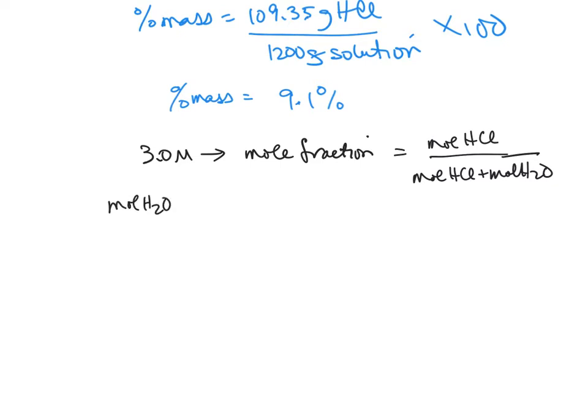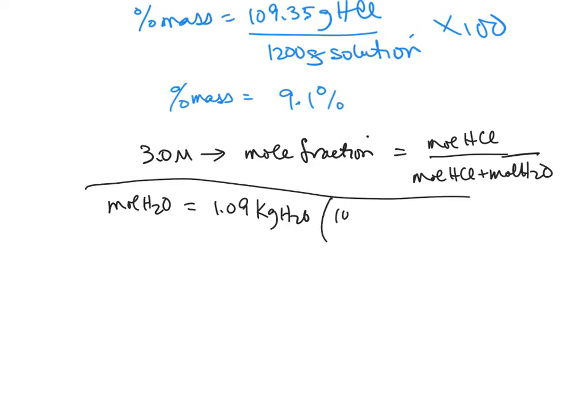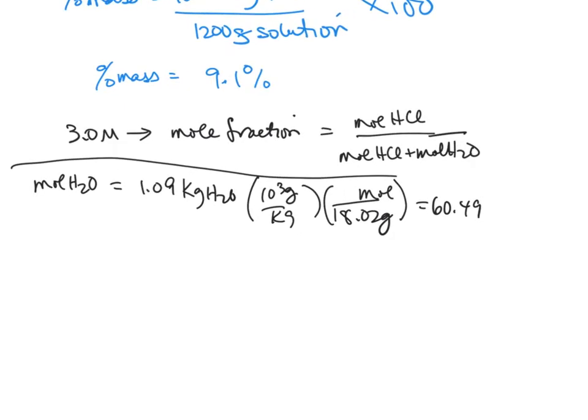Moles H2O equals 1.09 kilograms water times 10 to the 3rd grams per kilogram, and then divided by 18.02 grams per mole. So you got 60.49 moles H2O.